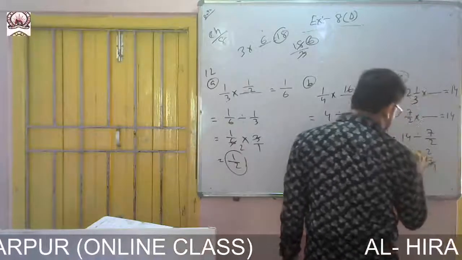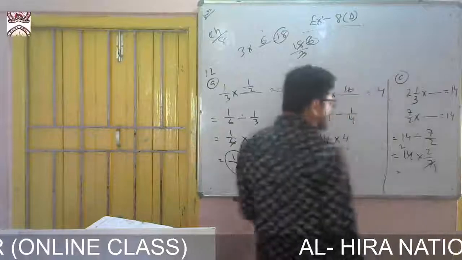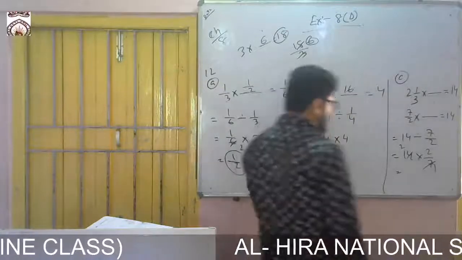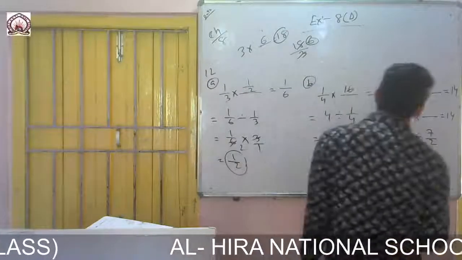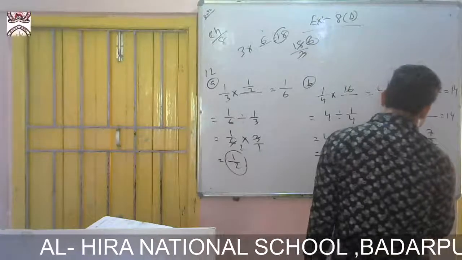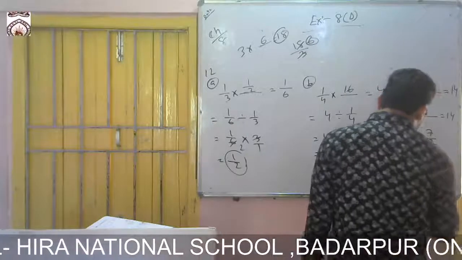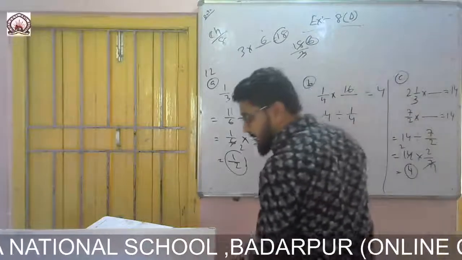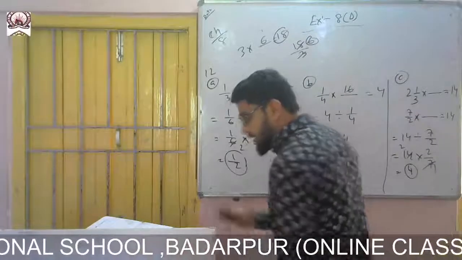So 7 1s are 7, 7 2s are 14. So it is coming 4.